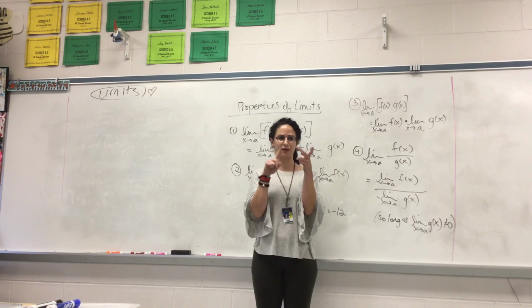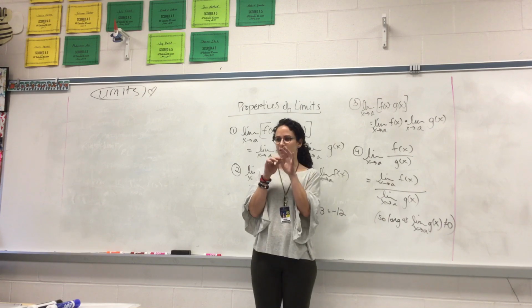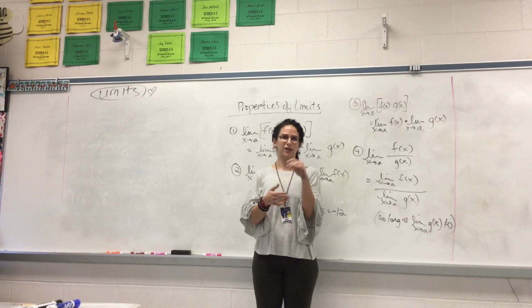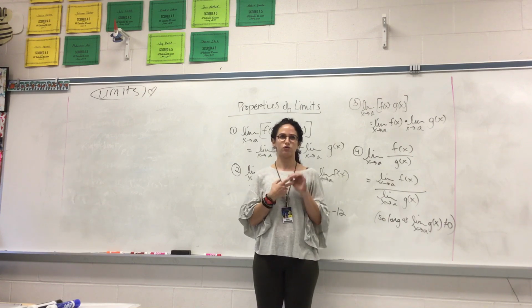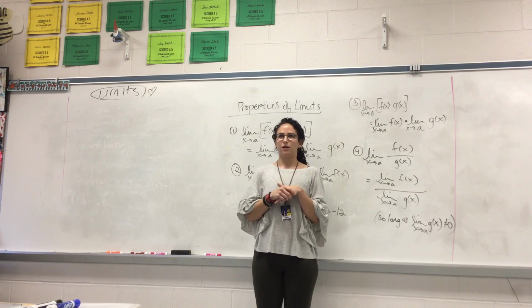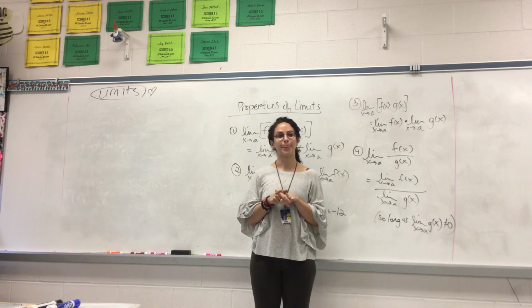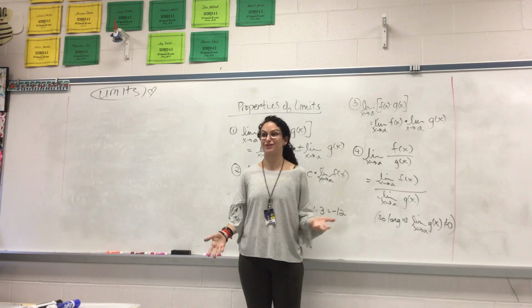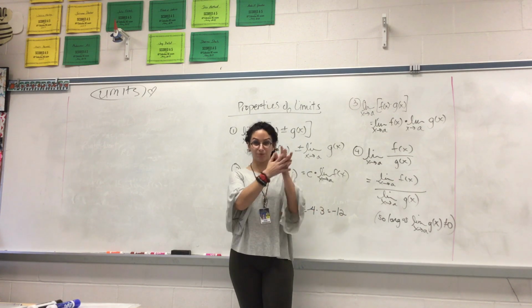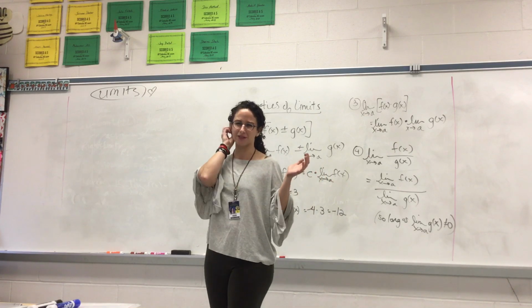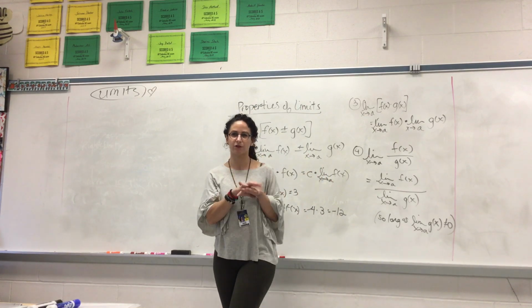Like all your lines, all your parabolas, all your cubics, all your sideways parabolas and your semicircles and your exponentials and your logs and your trig graphs, and what am I missing? All those functions that you graphed, they're mostly continuous. We've graphed a couple of discontinuities, we've seen them on all kinds of functions.